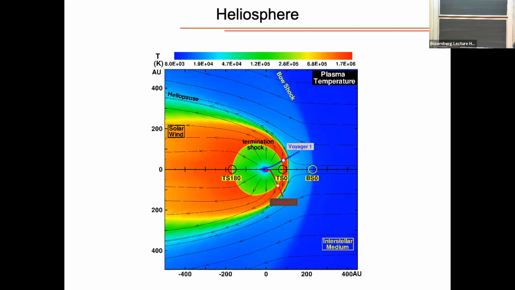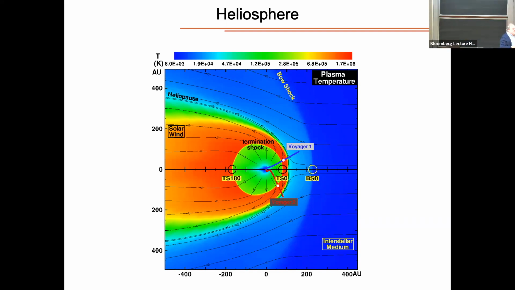They are not really mixing that much, and that's called the heliopause. Then, of course, you have a long tail, which is not shown here, but people looked into that, and this is a very simple picture here.